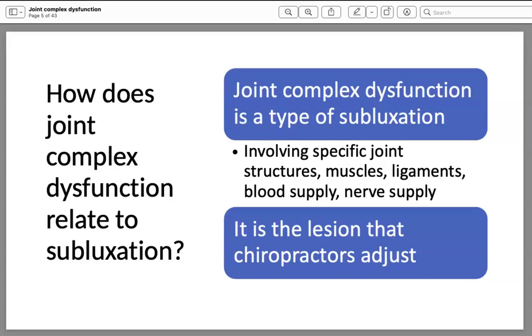But when we say something like joint complex dysfunction, how does that relate to that subluxation model? The best way to define this is we're saying a joint complex dysfunction is a type of subluxation. We're looking at specific joint structures, their muscles and ligaments, blood supply, nerve supply, all surrounding that area.